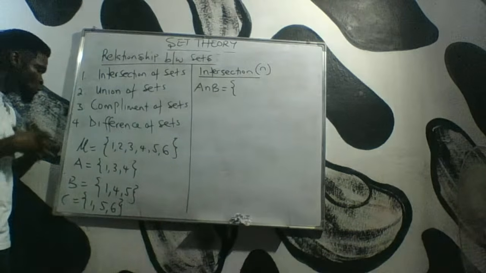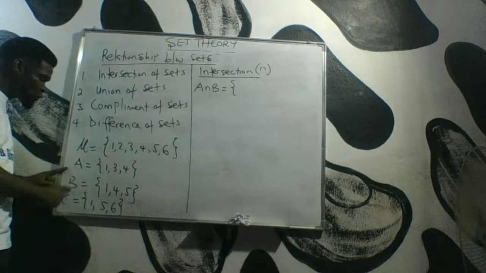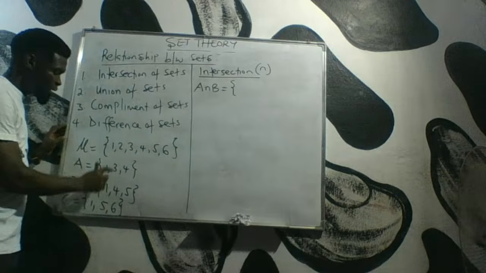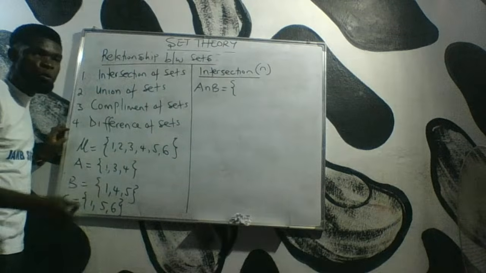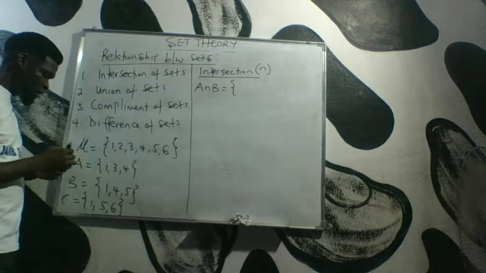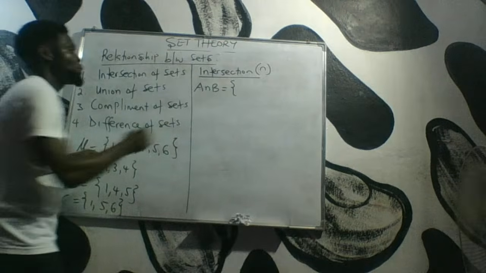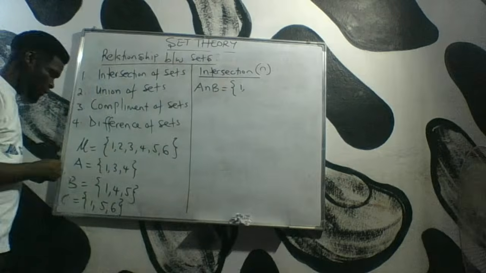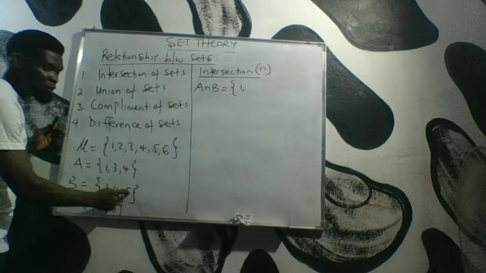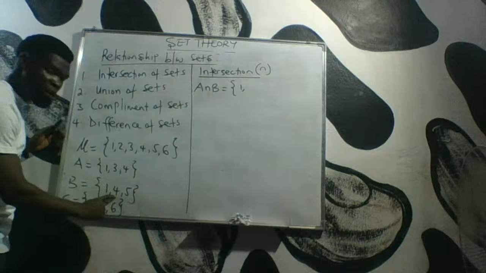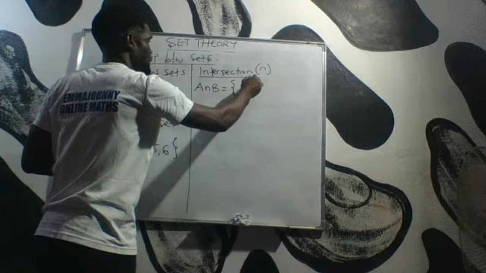So how do we find the intersection of two sets A and B? It is very simple. Look at the two sets and ask yourself what is common in these two sets. You agree with me that one is here, one is here, so I'll pick one. Three is here, but three is not here, so I'll leave it. Four is here, and four is here, so I'll pick four.